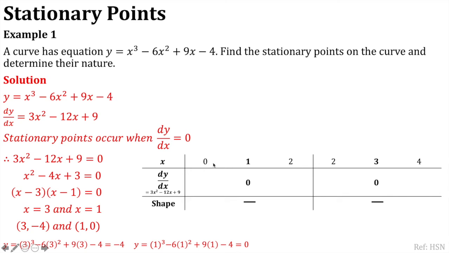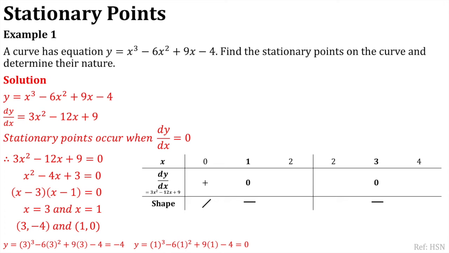Now if I firstly look at 0, I want to substitute x equals 0 into dy by dx. So that will give me 0 minus 0 plus 9, which is positive. And the shape of the graph when the gradient is positive is going up the way, so it's sloping upwards. Now when x equals 2, we've got 3x squared minus 12x plus 9.